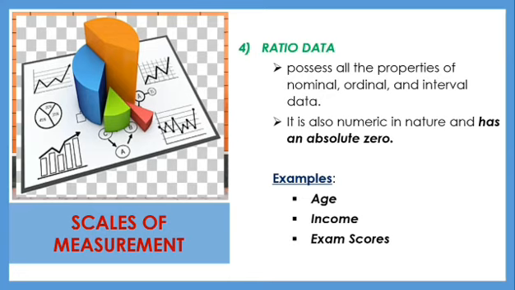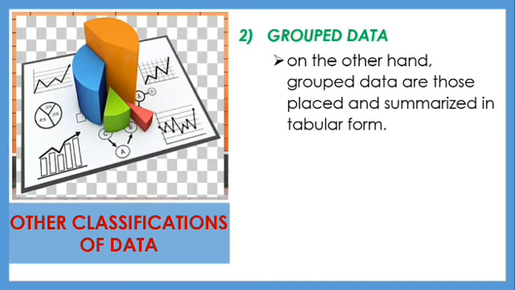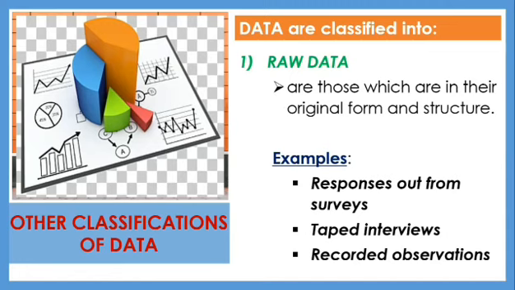Okay, so these are the levels of measurements or data or scales of measurements. And remember that there are also other classifications of data. Data are classified into raw data and grouped data as well. So what is the difference between the two? If we say raw data, these are those which are in their original form and structure. If we say they are in original form or structure, they are actually not arranged yet. They are not arranged into some sort of an array, okay?